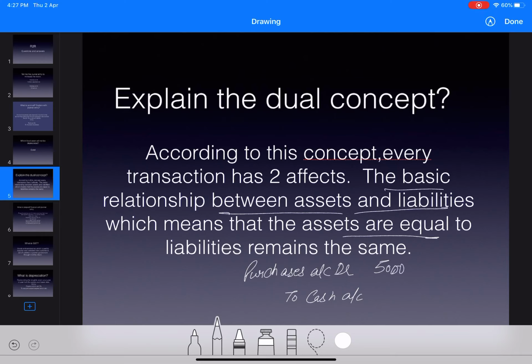Now you can see there is a dual effect in this entry. How? 5,000 rupees I'm debiting here, and with the same amount I'm crediting the cash account. So it has a dual effect. 5,000 is debit here and 5,000 we have credited here. This is called dual concept.